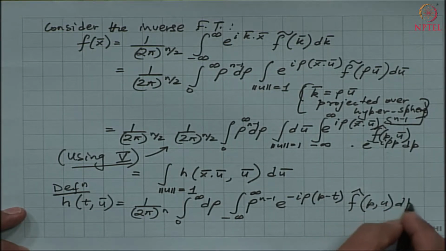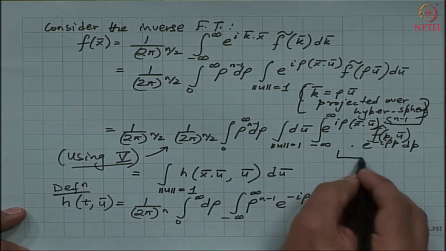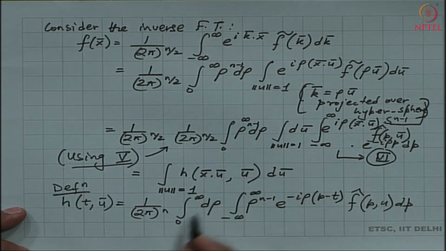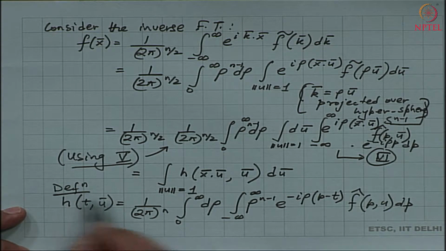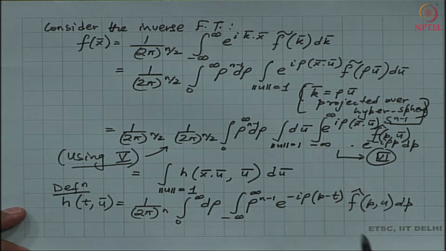So, students can directly look at these expressions. Let me call this my expression number 6. So, from 6 I have just used a very compact notation where my function h is defined by this rho integral and my p integral.